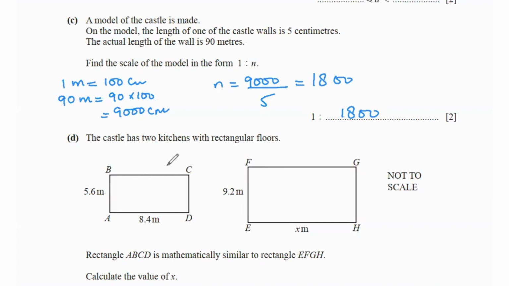In reality, the length of the wall is 90 meters, which converted to centimeters is 9,000 centimeters. Since we're trying to find the scale of the model, you always divide the actual length by the model length, so 9,000 divided by 5 gives us 1,800. And remember that the n value has to be in centimeters, not meters.